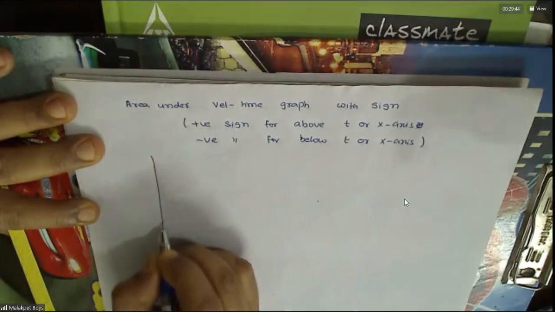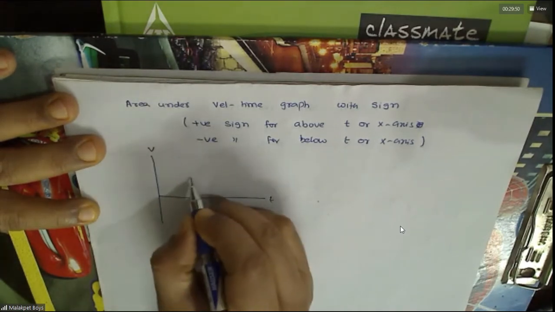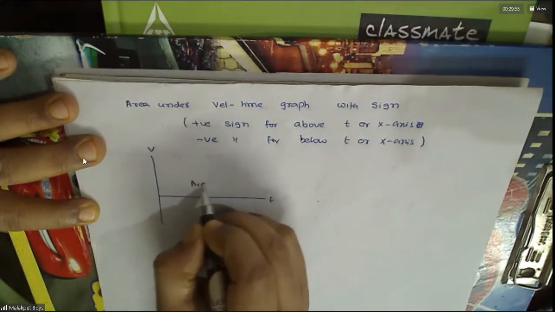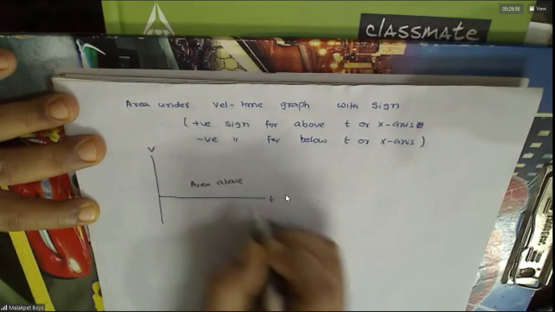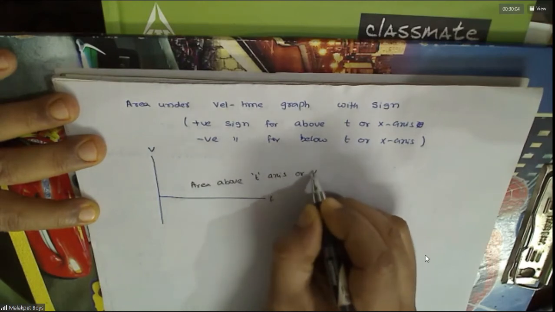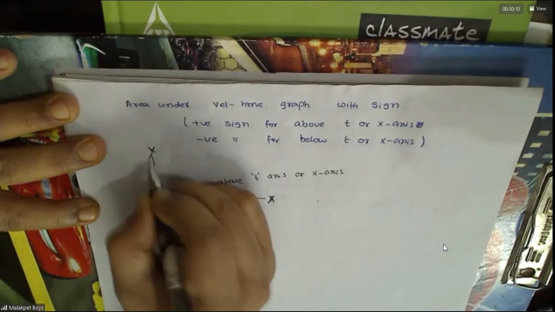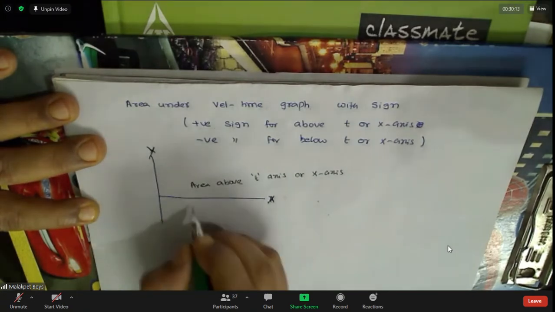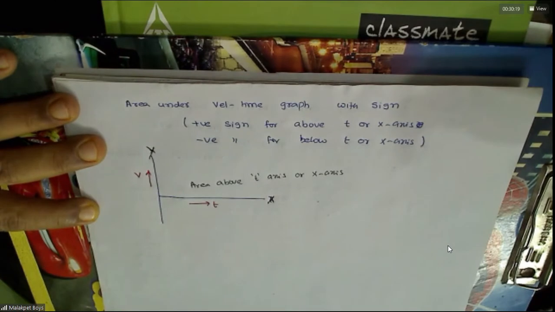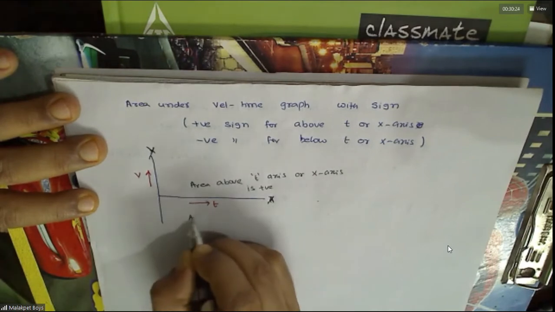That means you have the velocity time graph now. If the area is in this region, we take it as positive area. If you take this as x, this is the y-axis, but here we take the time, that's why we also call it the t-axis. If the area is below, it is negative.